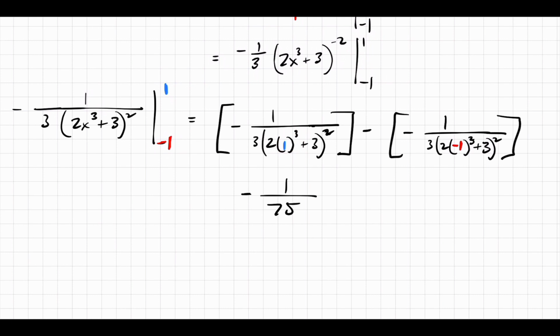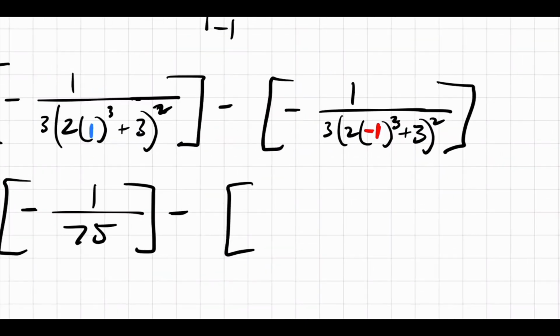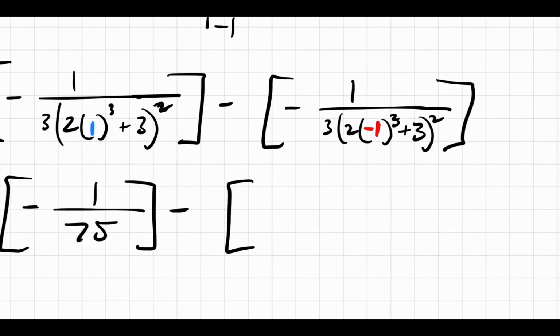So 1 over 75. Negative 1 is going to give me not the same answer. Negative 1 cubed is negative 1, times 2 is negative 2, plus 3 is 1. 1 squared is 1, over 3, negative 1/3.